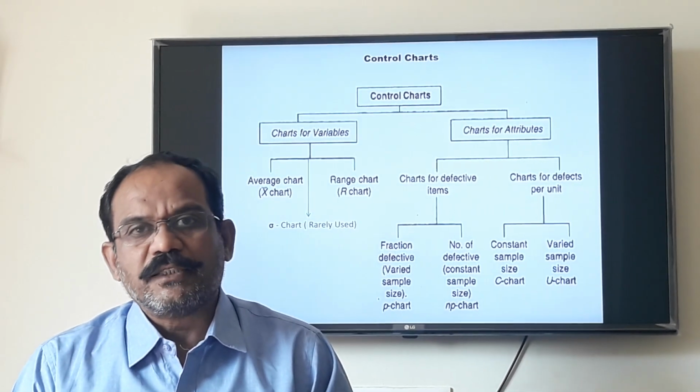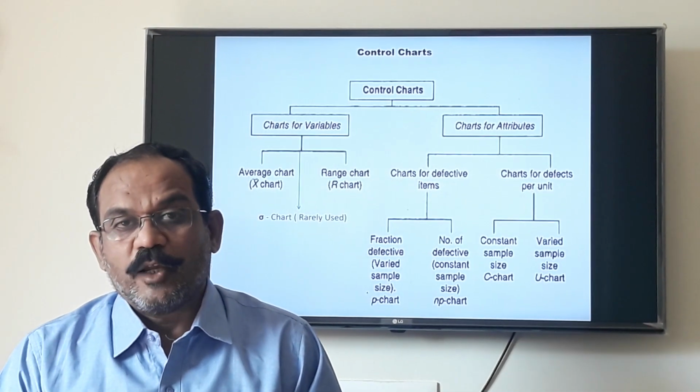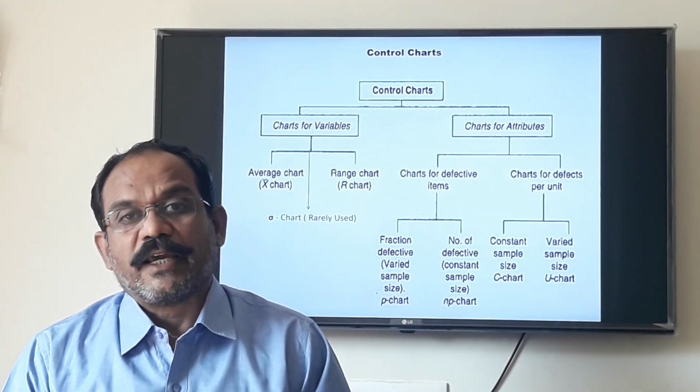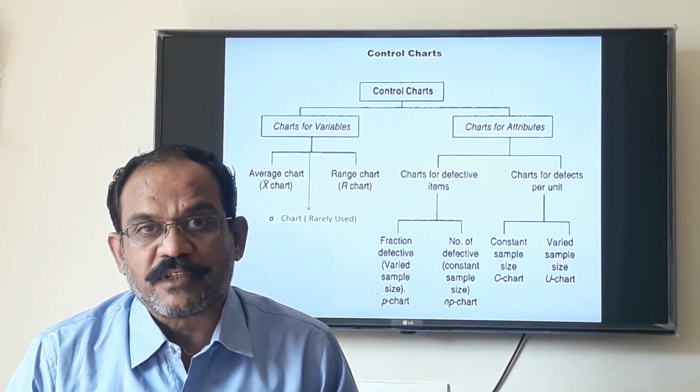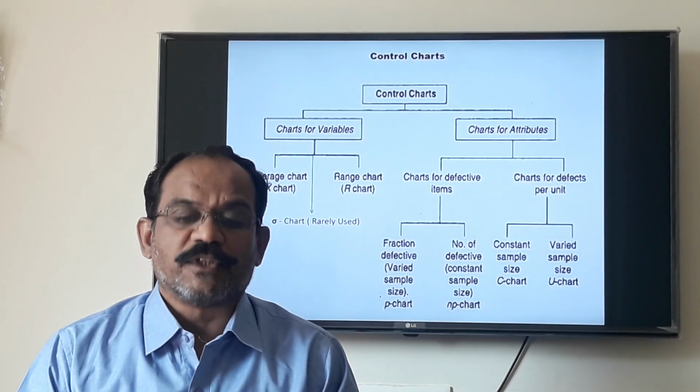Apart from these charts, which are just showing the trend, the variable charts or the attribute charts will show you the exact position of your process, whether your process is in control or not.